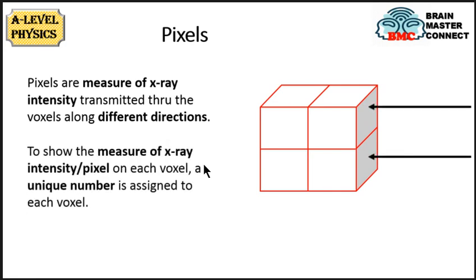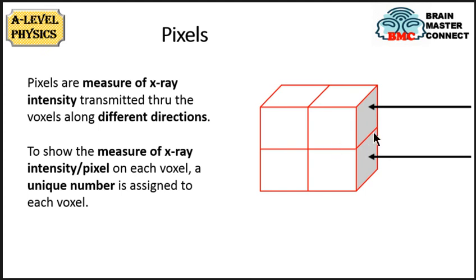One thing that needs to be noted is that the measure of each X-ray intensity, or pixel, on each Voxel is denoted by a unique number.